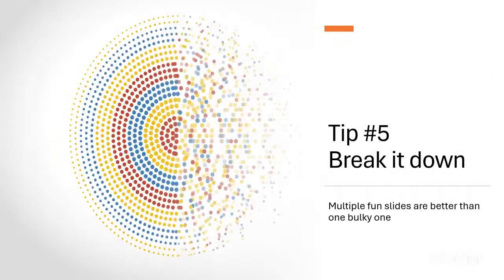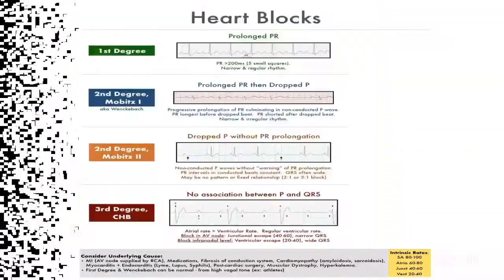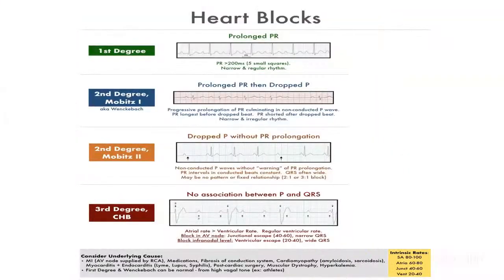We all agree that having a bulky slide is kind of boring and not very interesting, so breaking it down is very useful. When we break down a slide, for example this one, even though it is colorful and visually interesting, it feels somewhat dense.